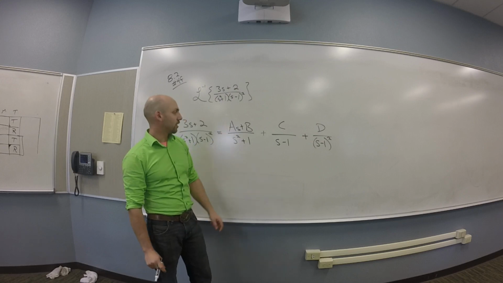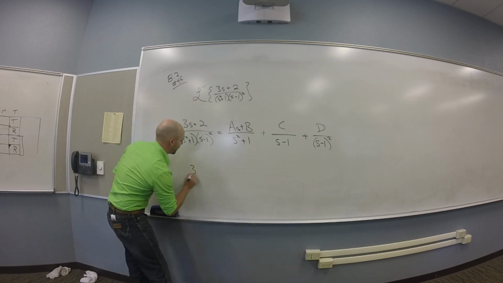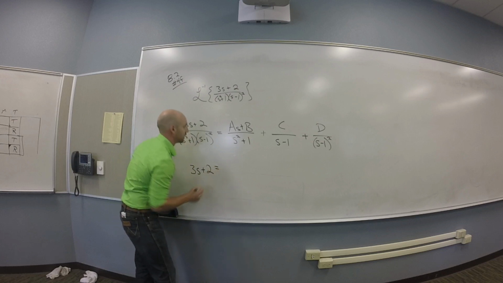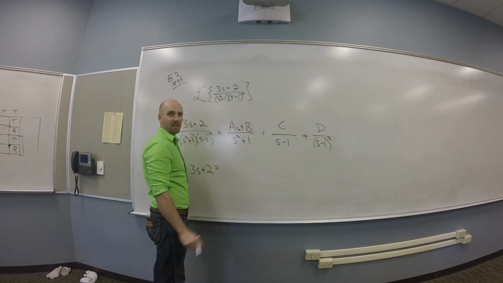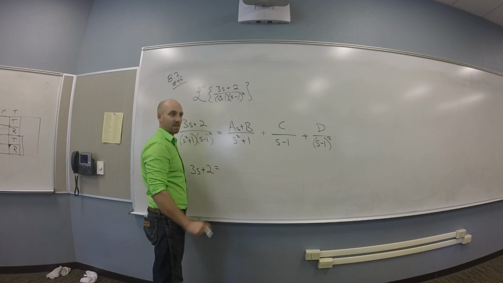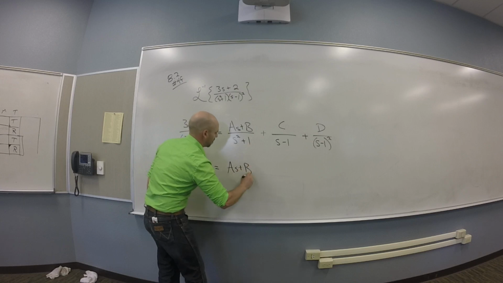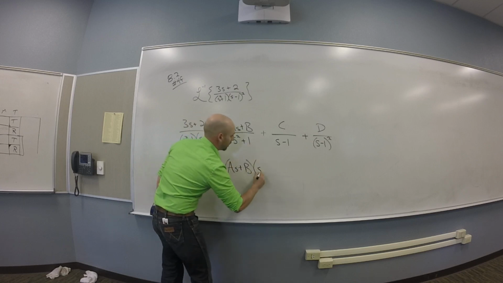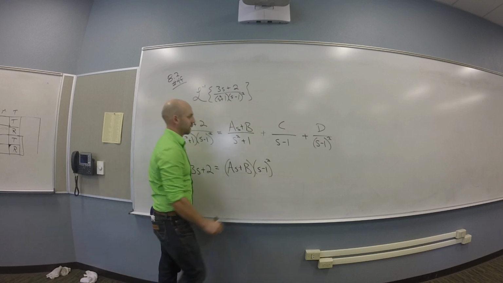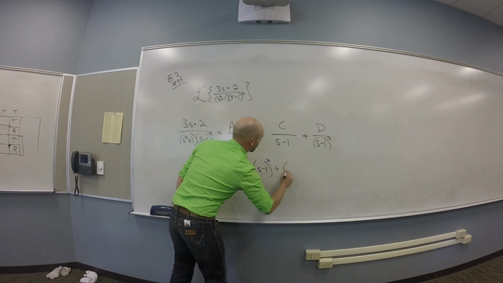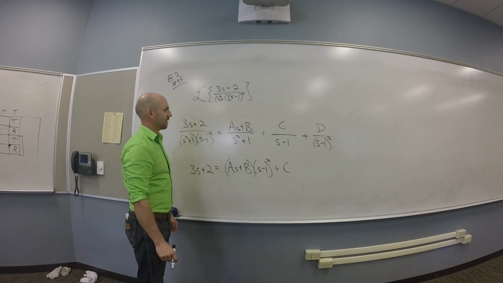So now you find your common bottom. So you're going to have your 3s plus 2 is, let's see, so I got the As plus B, what does that guy need? (s minus 1) quantity squared. So you've got (As plus B) times (s minus 1) squared. Okay, now I've got a plus, and I've got my C. What does C need? s minus 1 and then s squared plus 1.